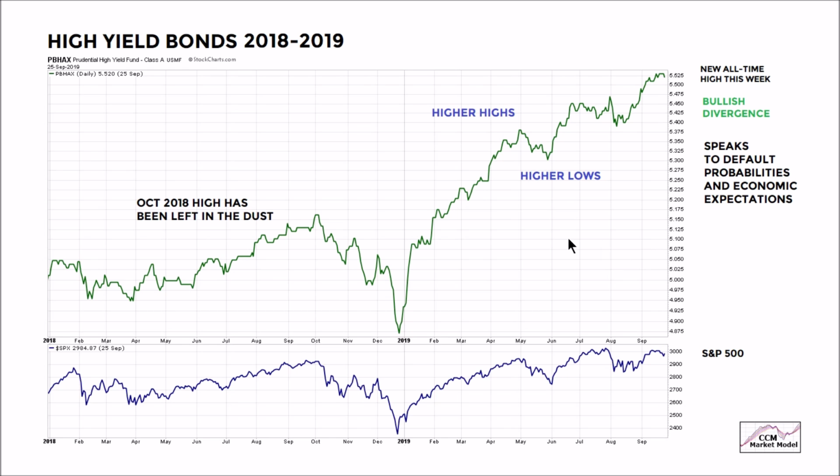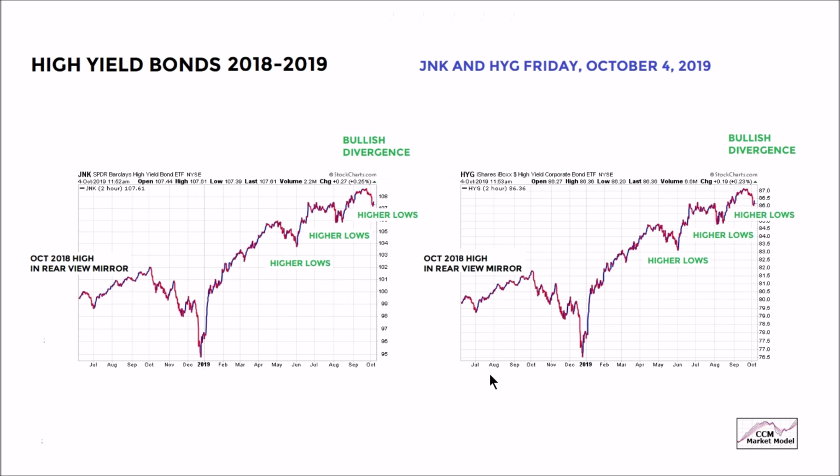Has anything really changed on this type of chart? Not really. Here are two major junk bond ETFs, JNK and HYG. Both of them still making a series of higher lows, and in both cases, the October 2018 high, in both cases, majorly in the rear view mirror.